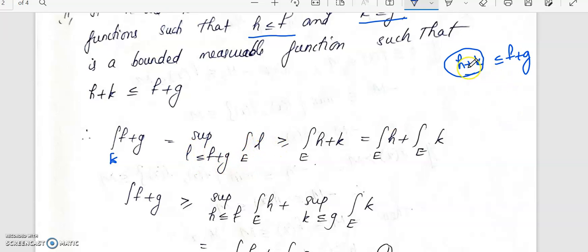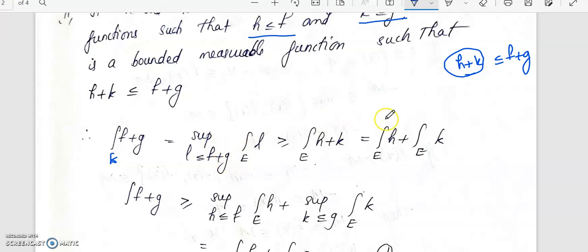Now h plus k is some bounded measurable function less than or equal to f plus g. Here we have taken an arbitrary L, and h plus k is a particular function that comes within L. Now this is the supremum value.